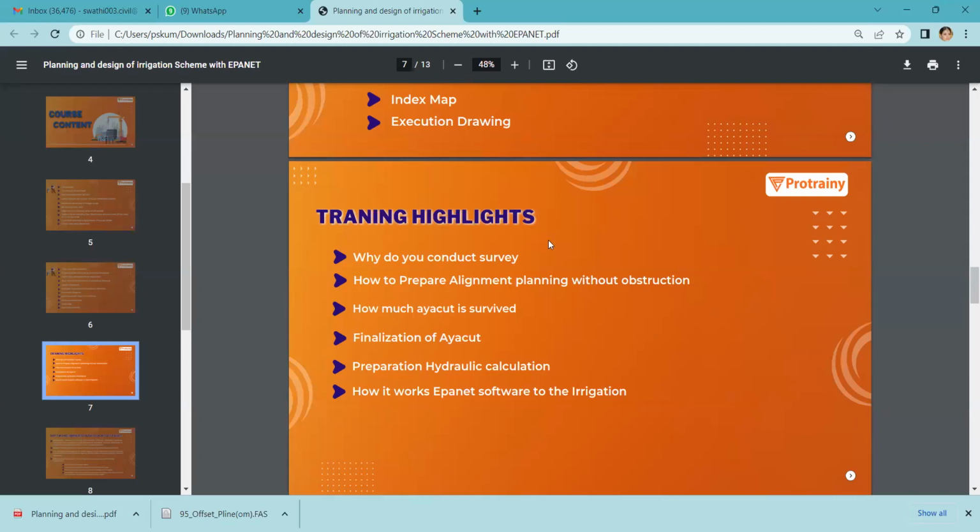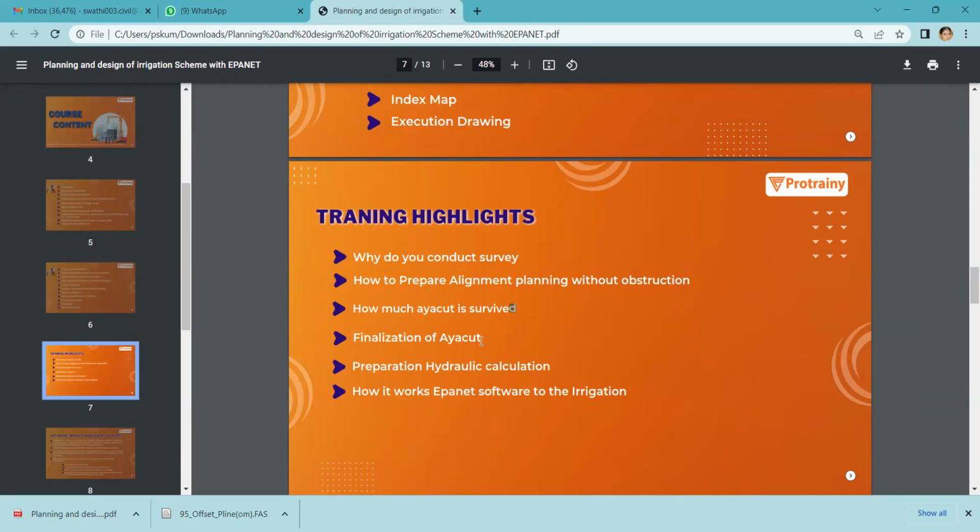So particularly, the survey is a must and should be important, without obstructions. Check 2 or 3 times with the Google image how much I cut is surveyed: 200 I cut, 300 I cut, 500 I cut, removing the obstructions to find the net I cut, that means the net commanded area.